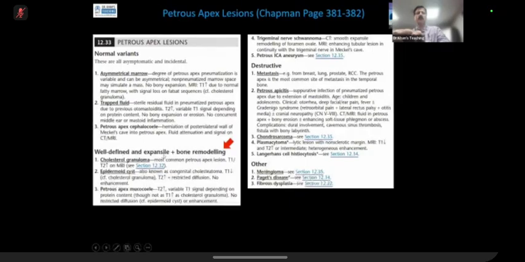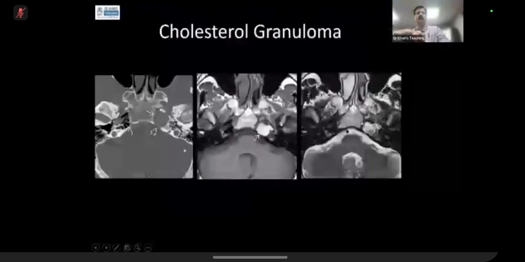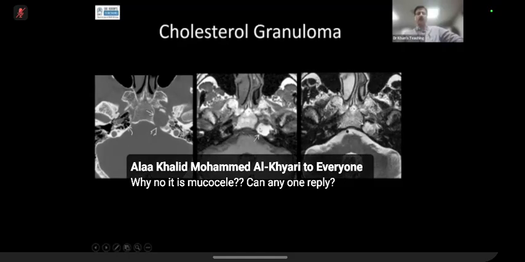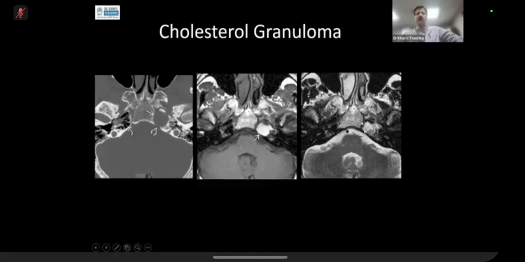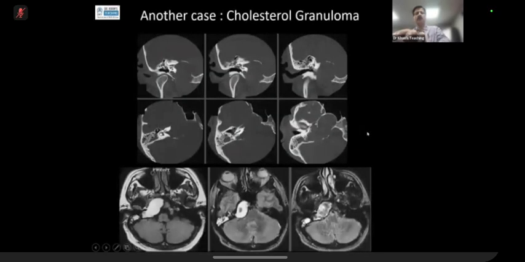So this is a cholesterol granuloma, and this is from your book, a well-defined expansile lesion. This is an exam case, by the way. This is another cholesterol granuloma. It is not as expansile as the one I showed you from STAT-DX, but the key finding is to look at this T1. And if you look carefully on this T2 weighted sequence, you can argue that the rim is showing hemosiderin.